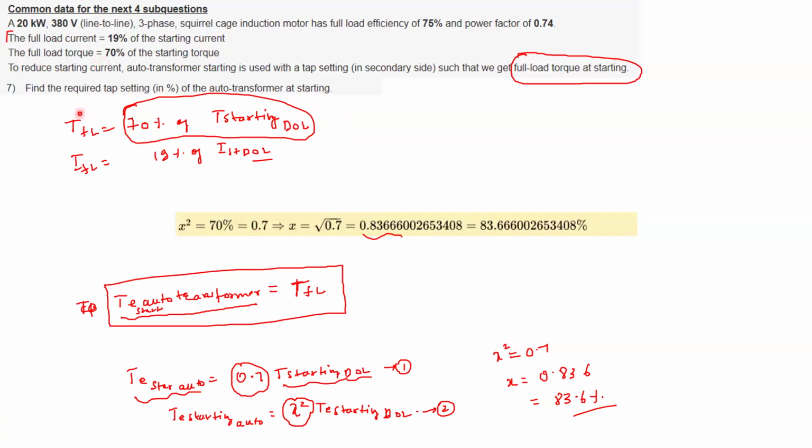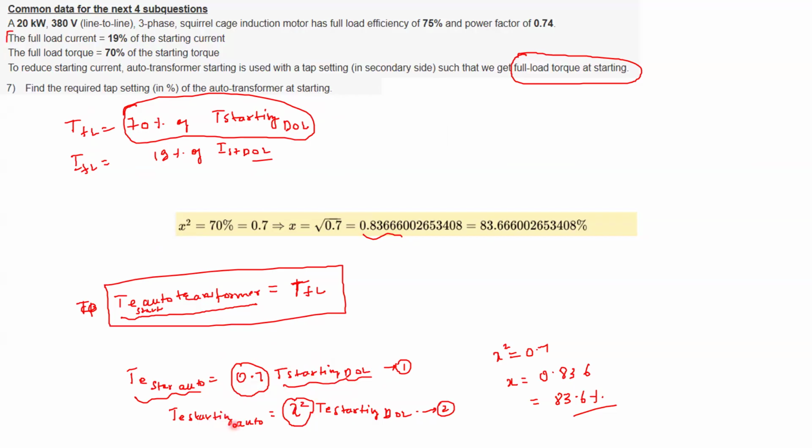Now remember that the full load torque is 70% of the starting torque of DOL. So if you replace this full load torque as 70% of the starting torque by DOL, direct online starting, you will see that auto transformer starting torque should be 0.7 times the starting torque of DOL.